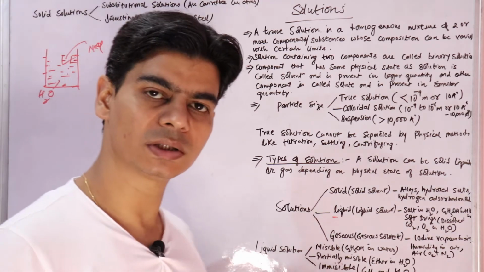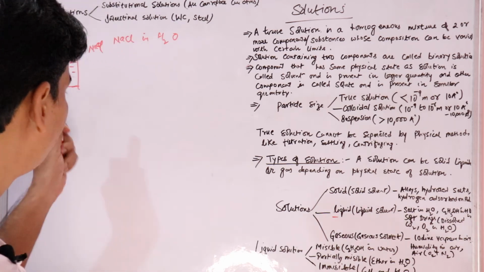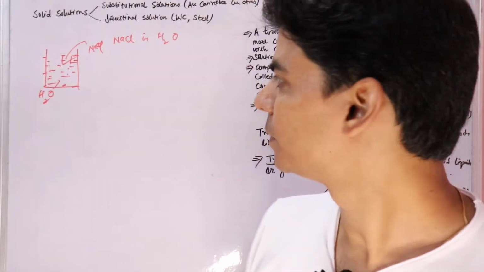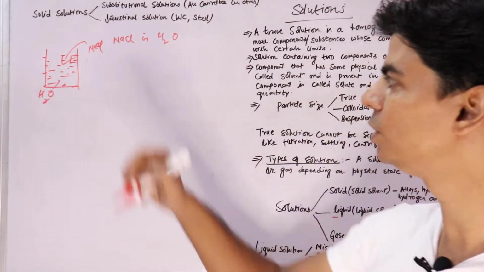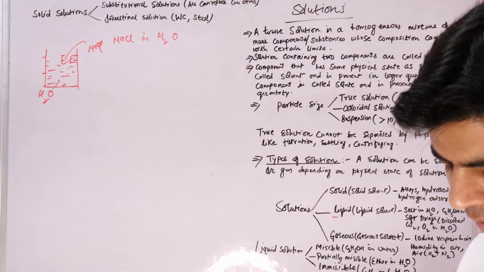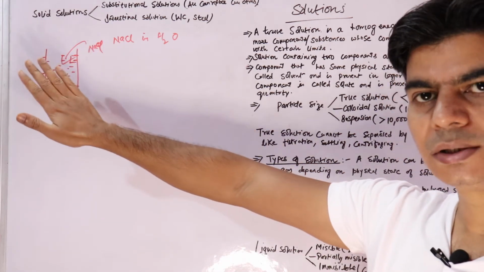Now let's see what a solvent and a solute are. In this example, water is the solvent and sodium chloride is the solute. The physical state of this solution is liquid.